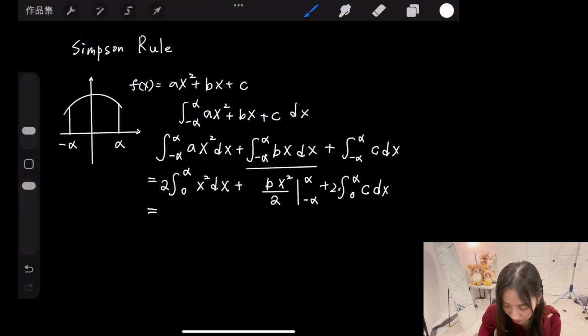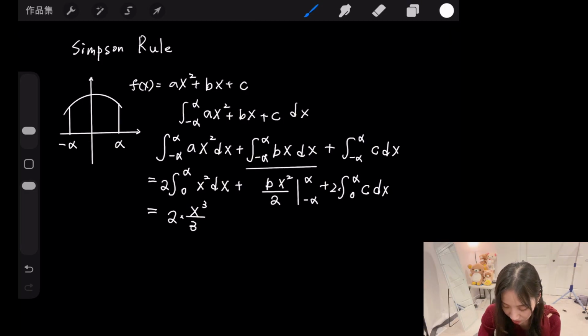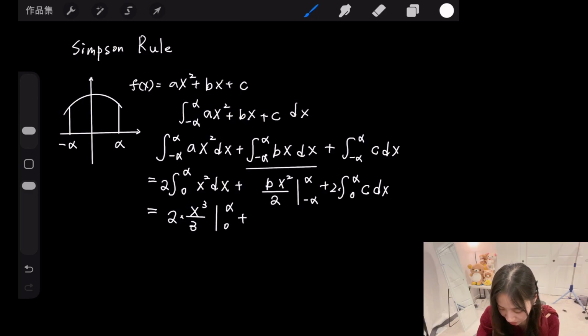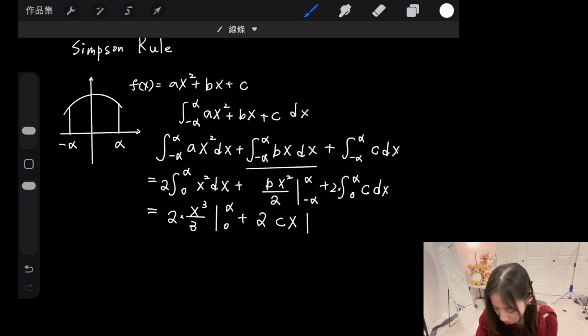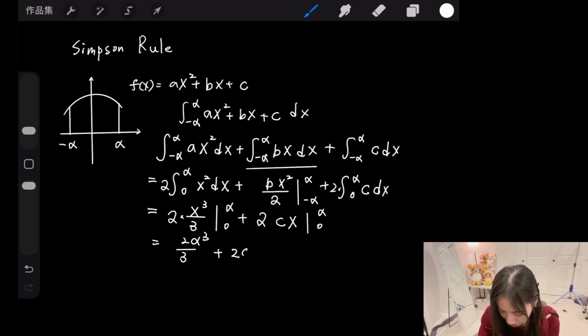This will look like 2a times x to the power of 3 divided by 3, from 0 to alpha, plus 2c times x from 0 to alpha, which will be 2a over 3 times alpha to the power of 3 plus 2 times c times alpha.